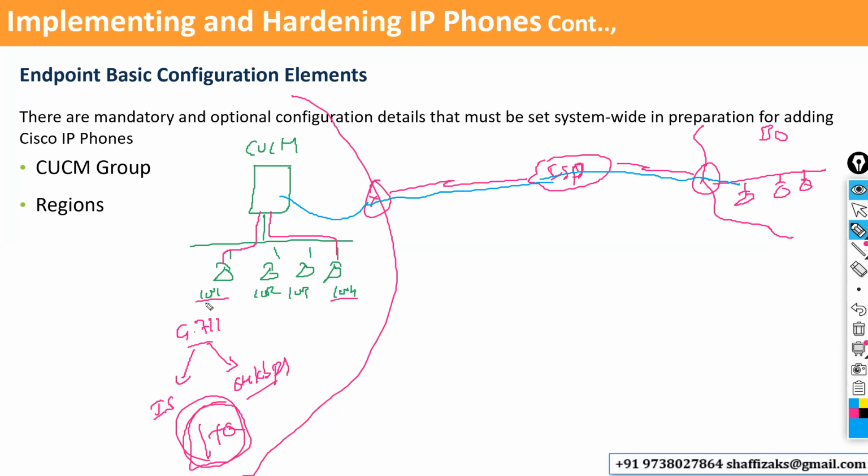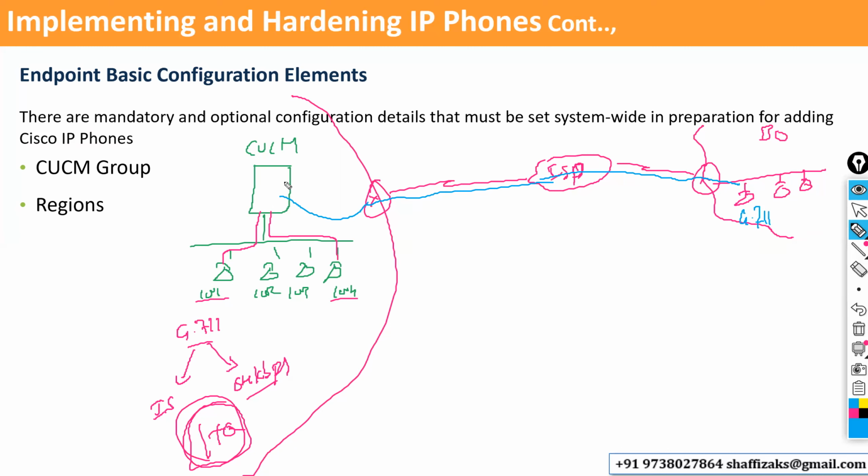Now, if I want to make a call from headquarter to the branch office, then also a codec is required, right? Now, which codec does it provide? Here also it provides the same codec, G.711 codec. But when you have this type of deployment model, physically the phone is placed in a different location, but logically it's registered in the same CUCM, right?